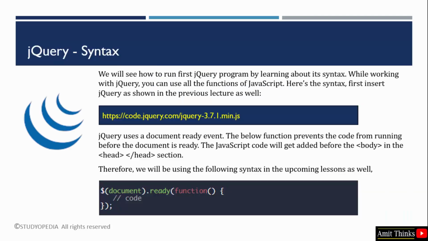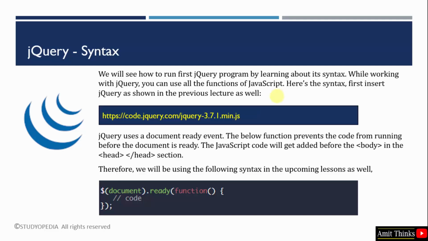In the last lesson, we saw how we can insert jQuery. We added the following, this was the current version. I have also shown before how to get this link from the official jQuery website. This is the CDN link. So now let us understand the syntax of jQuery, then we will run our first program.